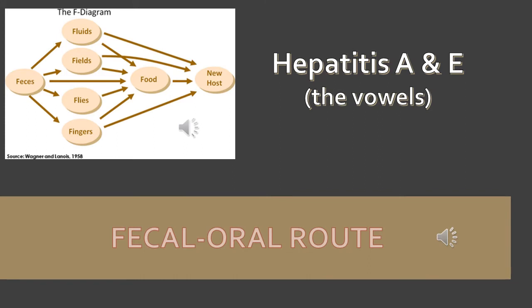Of the strains of hepatitis virus, hepatitis A and hepatitis E are transmitted via the fecal-oral route. One of the easy ways to remember this is that the vowels are transmitted via the fecal-oral route, and the consonant strains are transmitted via blood and bodily fluids.